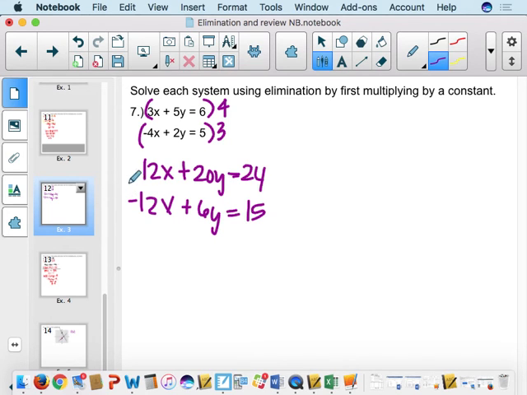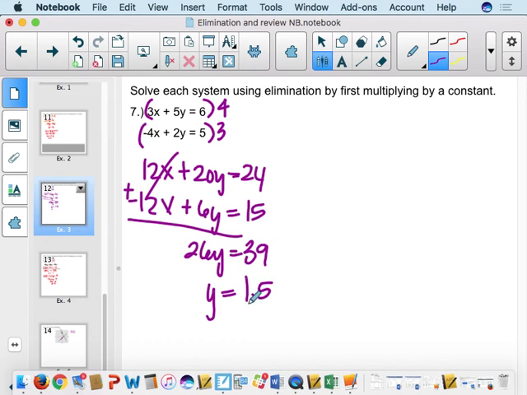Okay, we're ready to eliminate. So the x's cancel like we wanted to, and 20 plus 6 is? And 24 plus 15? And what are we going to get?